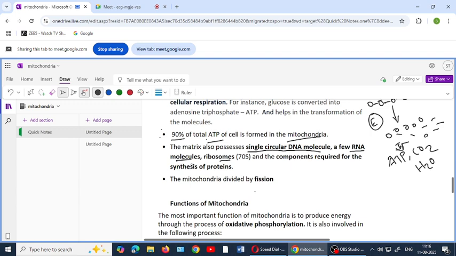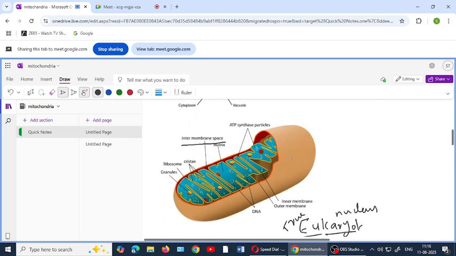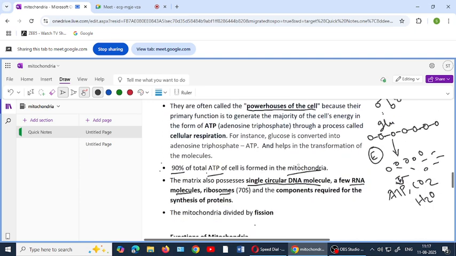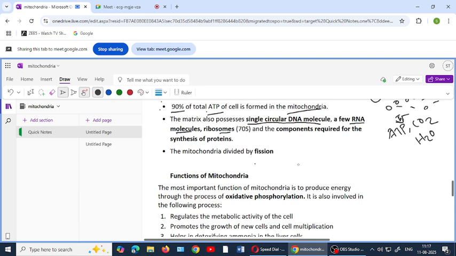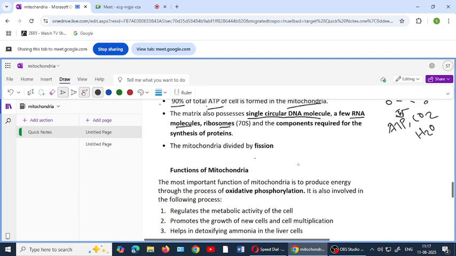Why is synthesis of protein mentioned here? Because in the matrix ribosomes are present, and ribosomes are mainly involved in the production of protein. And the mitochondria divide by fission.